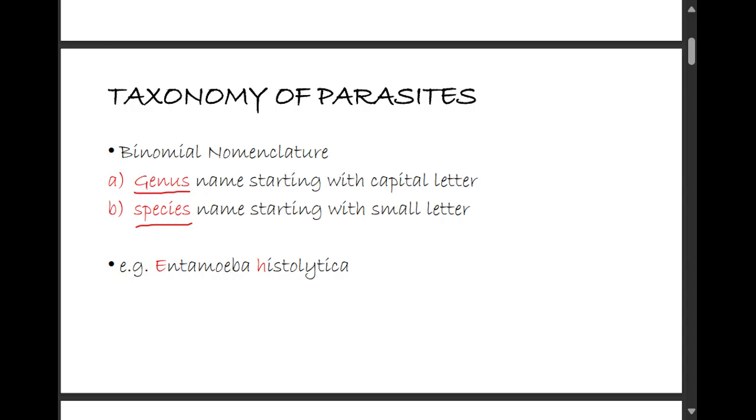But you also need to understand that all parasites are classified according to the following taxonomic units. You have kingdom, phylum, class, order, family, genus, and species. You need to put that at the back of your mind. Very important.